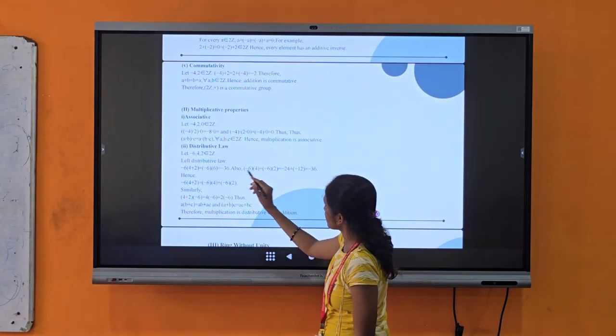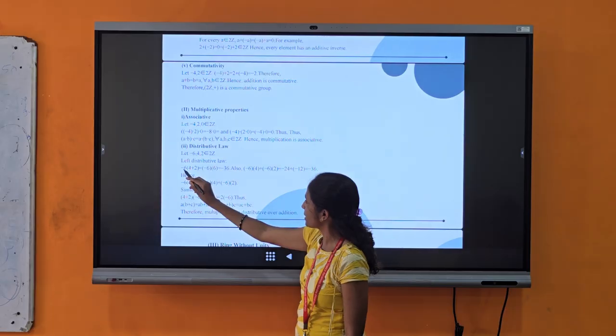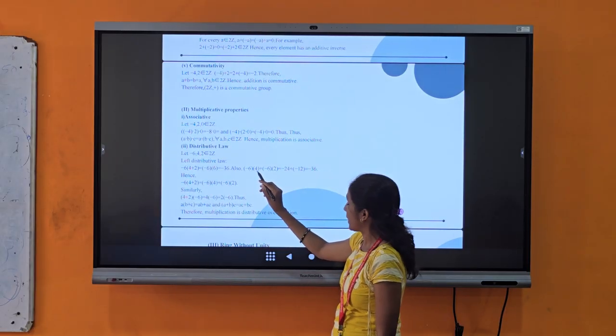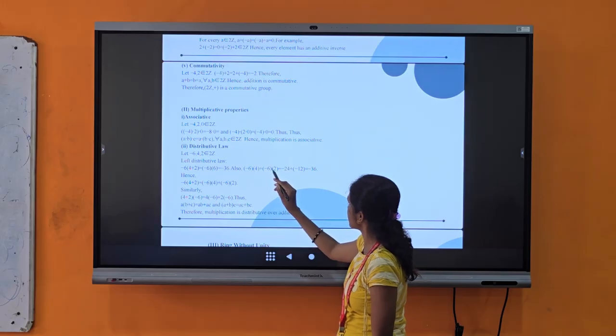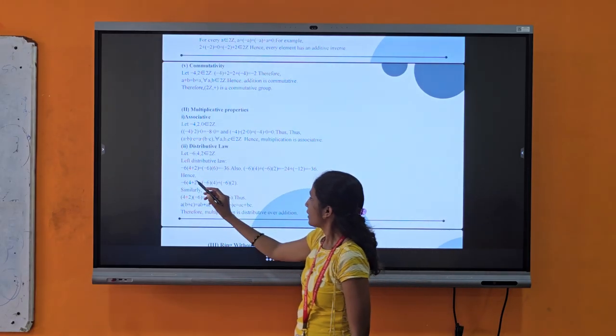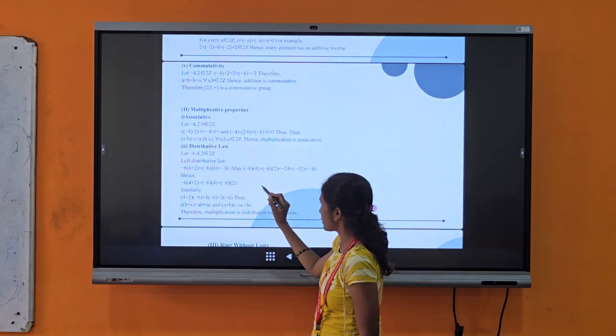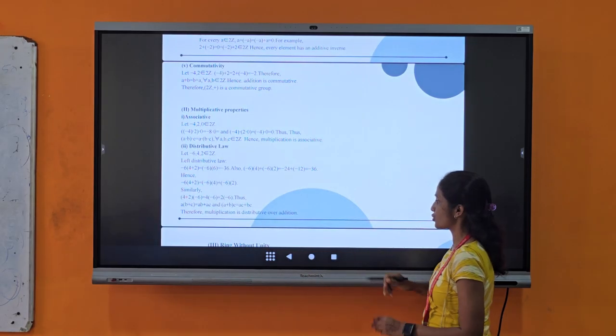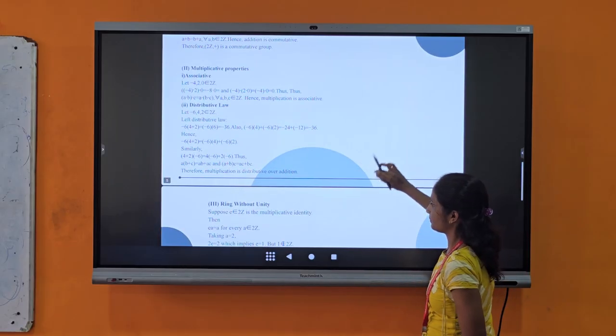Also, multiplying minus 6 with the bracket, we get minus 6 into 4 plus minus 6 into 2, and we will get minus 36. Hence the left distributive law is satisfied, and therefore the multiplication is distributive over addition.